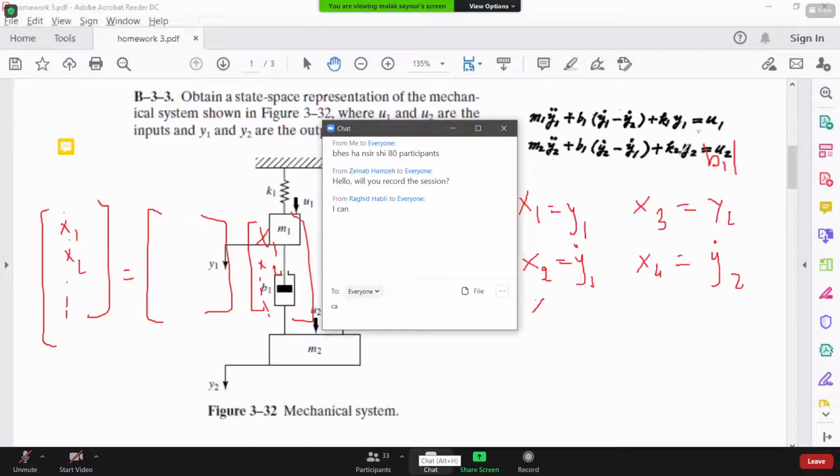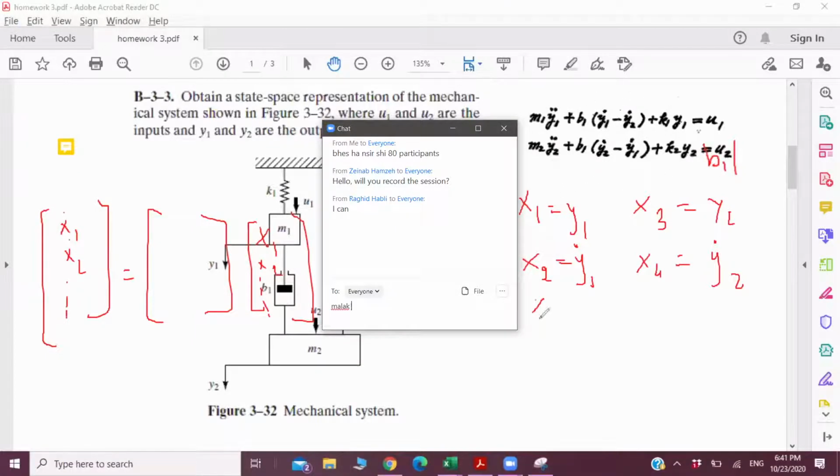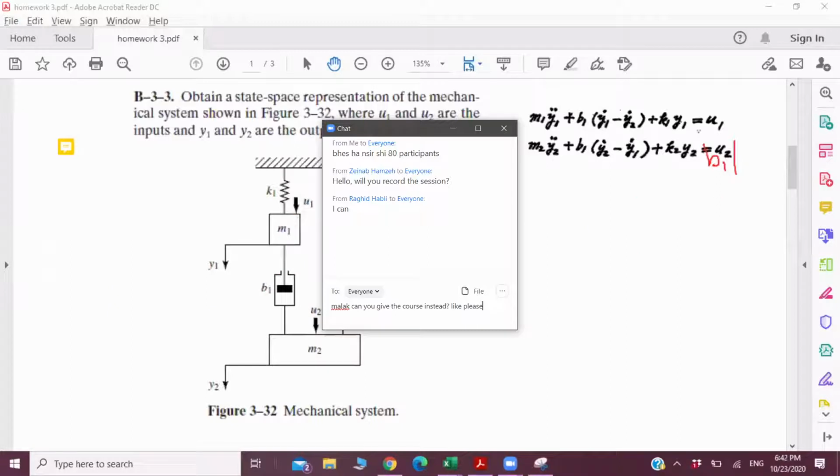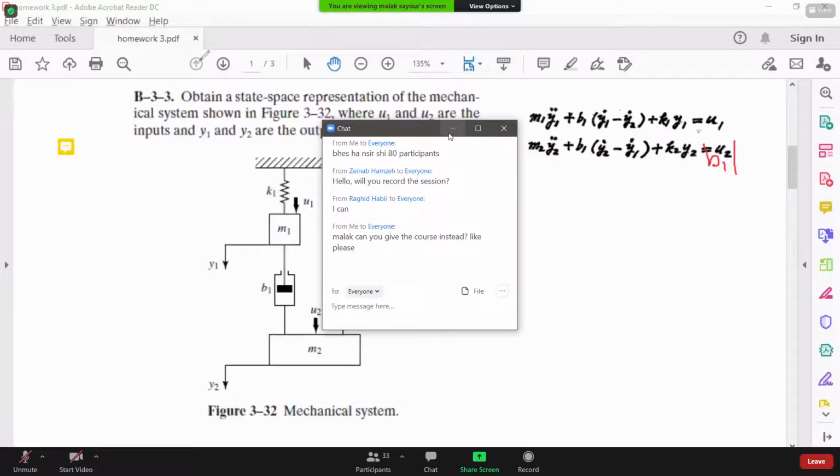Now I replace everything in the first equation by these. So I replace y1 by x1, y2 dot by x4, and y1 double dot by x2 dot. And then I will have the following equation.